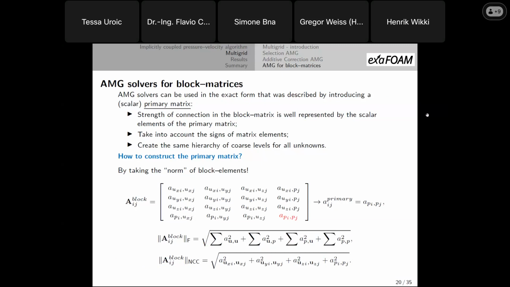This is done by taking the norm of block elements, meaning that we only take the pressure equation, the diffusion or Poisson equation of pressure, and we base our coarsening on that. There are other possibilities, such as taking the Euclidean norm, but you will see that this didn't provide good convergence. Okay, next slide, please.